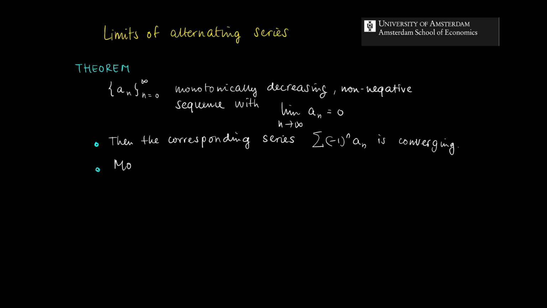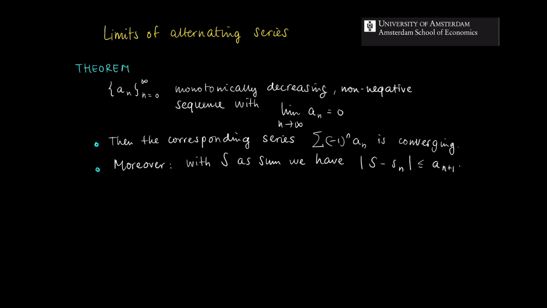Moreover, we have the very special and very nice property that the following holds. Suppose S is the sum of the series, so the limit of the partial sums. Then we know that the difference between S and the nth partial sum is no more than the consecutive term a_(n+1).